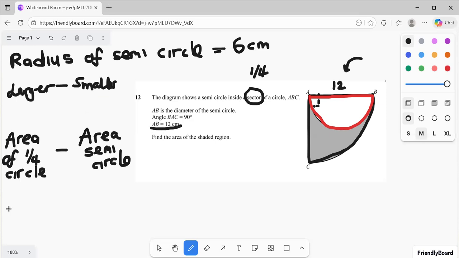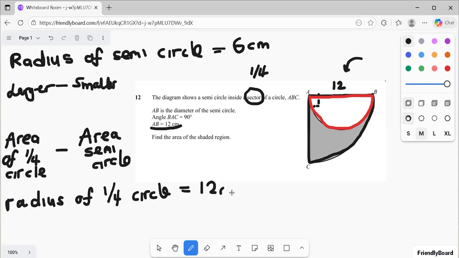So the radius of the sector or the quarter circle is equal to 12 centimeters, all right? This information is given.